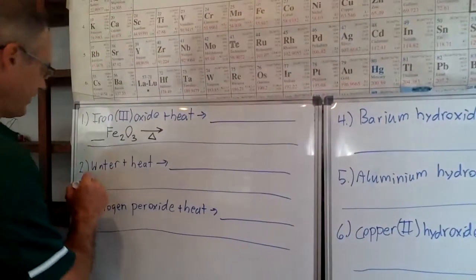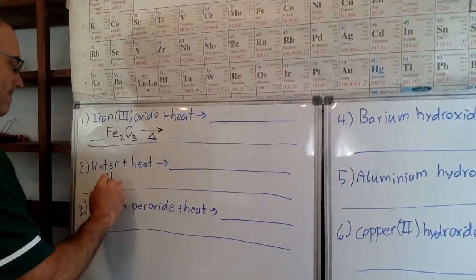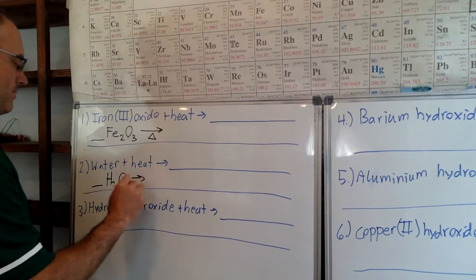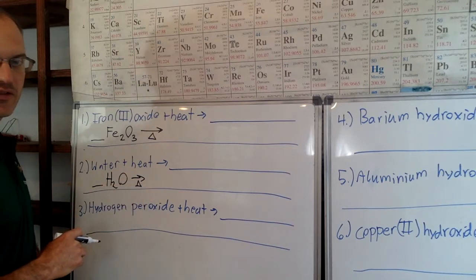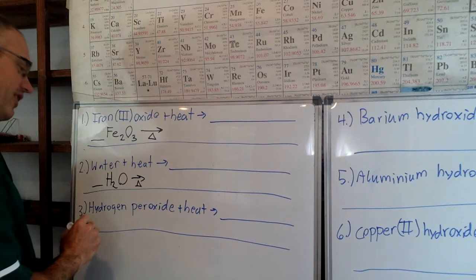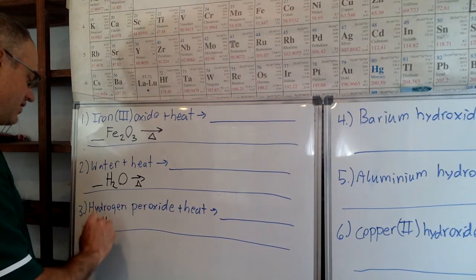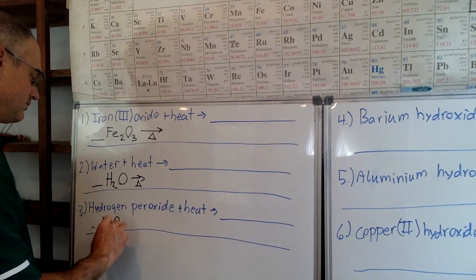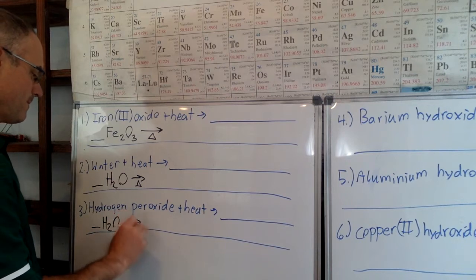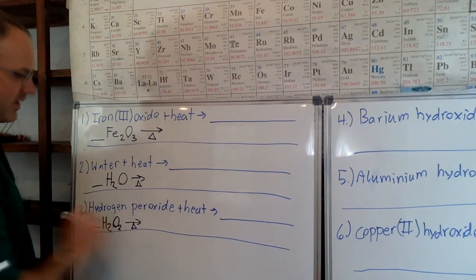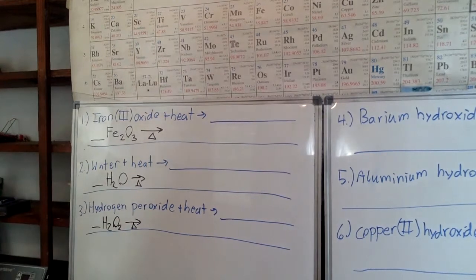So water is H2O plus heat, triangle under the arrow. And then we have hydrogen peroxide, H2O2 plus heat. Okay. Now we can talk about each one of these and what's going on.